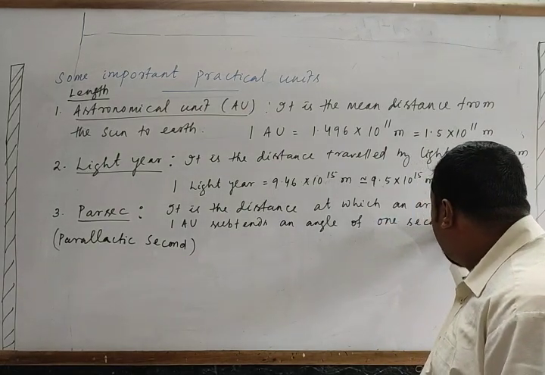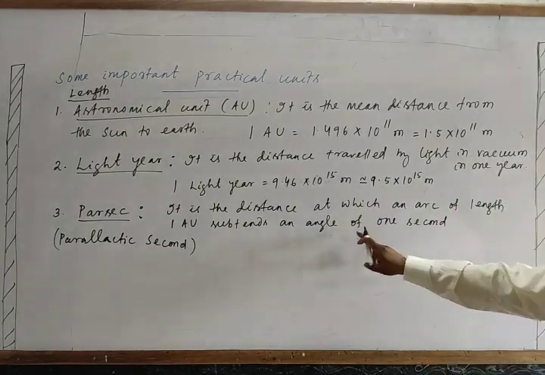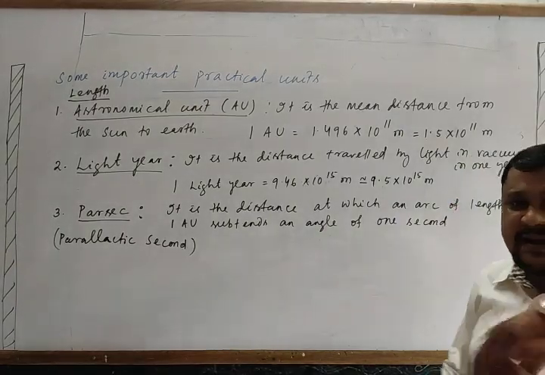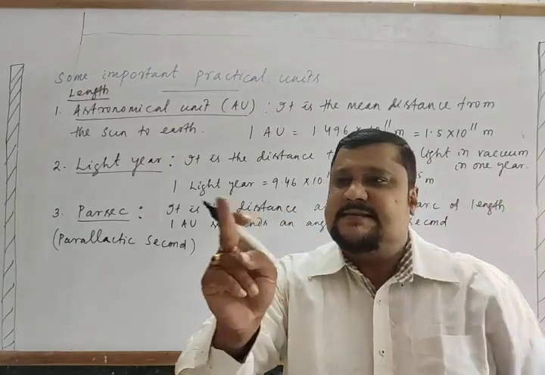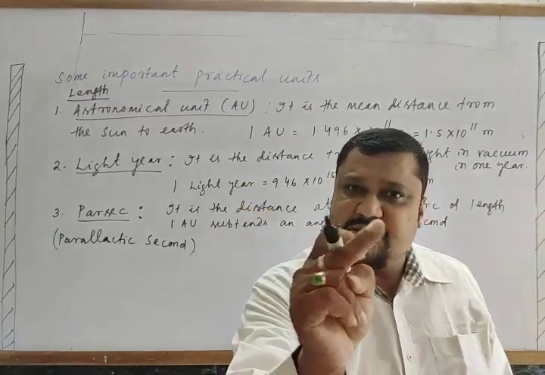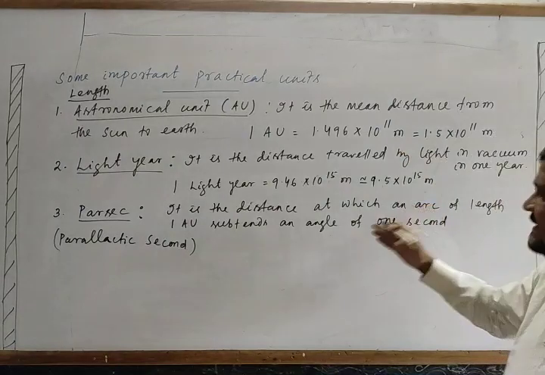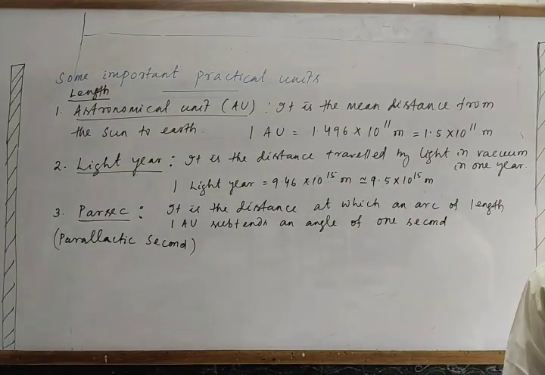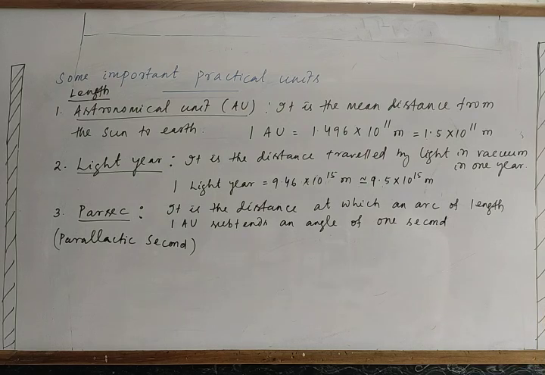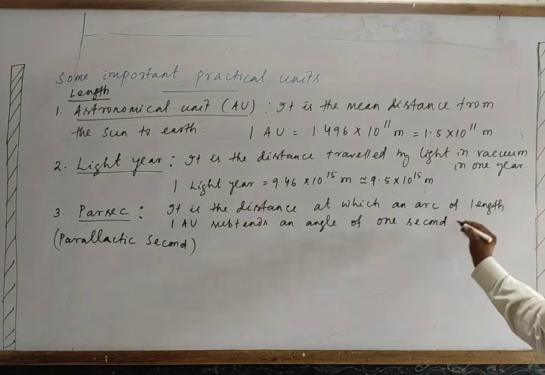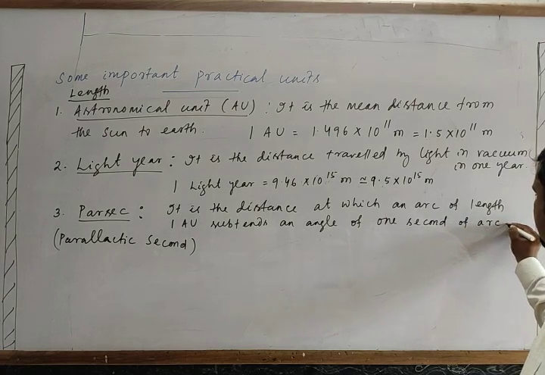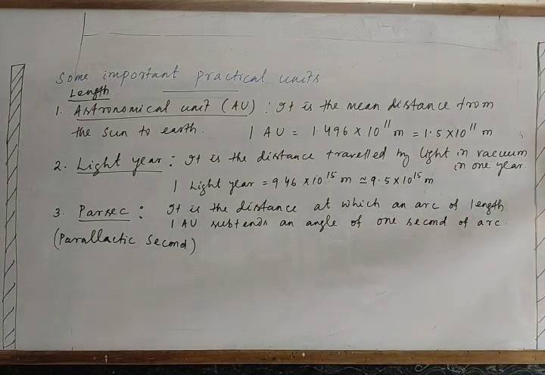That's why there is a term called second. In 1 second, how much angle is subtended? That angle is measured in seconds. Clear? It is the distance at which an arc of length 1 astronomical unit subtends an angle of 1 second of arc.